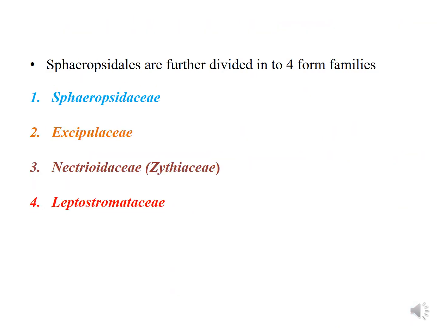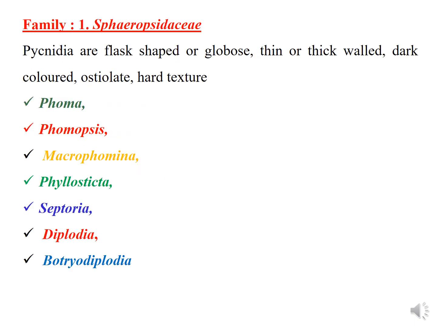The Spheropsidiales is further divided into four form families, that is Spheropsidaceae, Excipulaceae, Nectrioidaceae, which is also known as Dilleniaceae, and Leptostomataceae. Let us see what are the different genera included under these different form families. Under Spheropsidaceae, the pycnidia look flask shaped or globose, thin or thick walled.